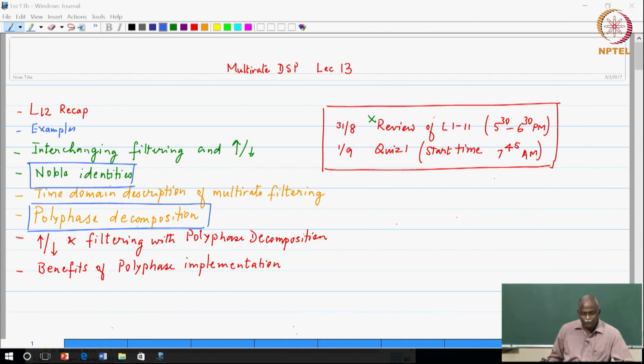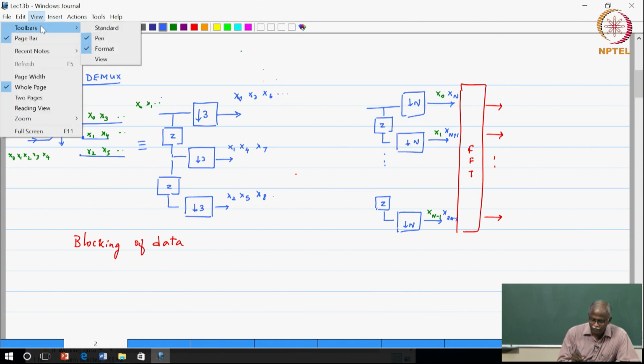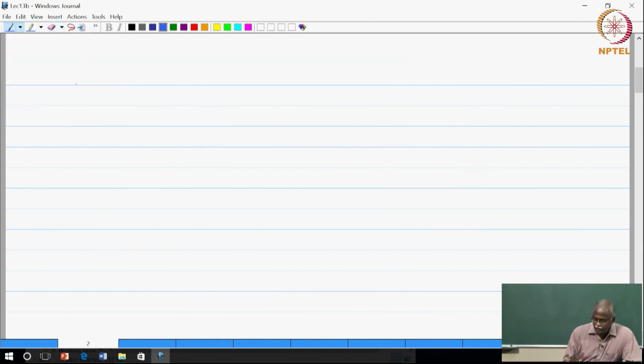So, let us quickly summarize the results that we have looked at in the last lecture, and I would say that one of the key results, if I were to summarize, would be in the following manner. We said that the down converter, or the downsampling by a factor of M, was related to a demultiplexer, one that split a high rate stream into multiple low rate streams, out of which one of them is being kept.